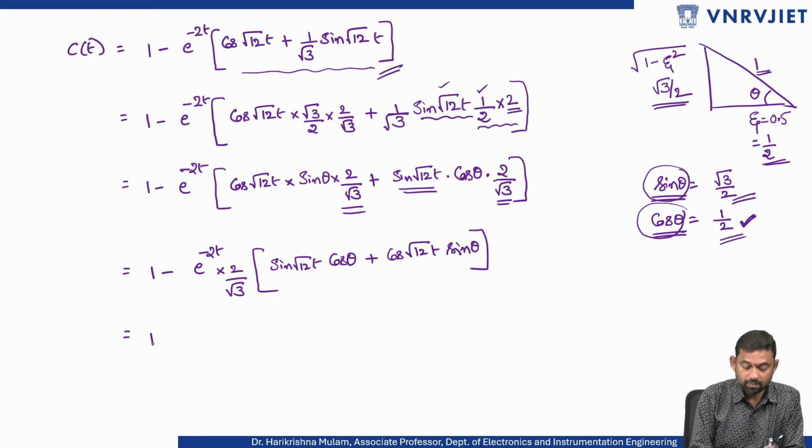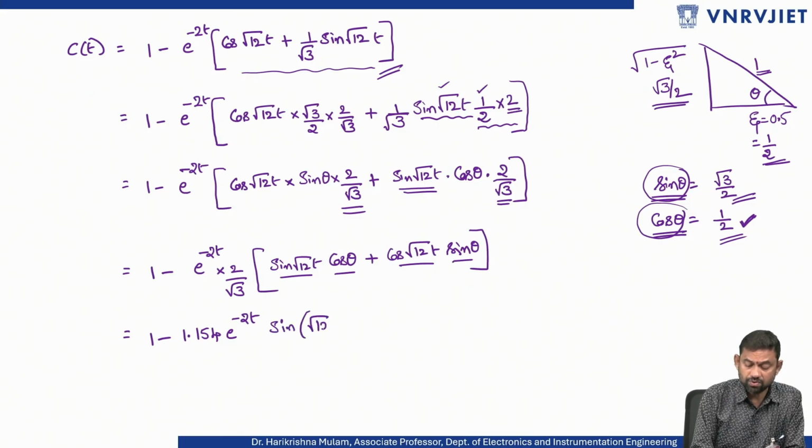That is equal to 1 minus this 2 by root 3, its value comes around 1.154 into e power minus 2t, and this is like sine a cos b plus cos a sine b. Therefore, you can write it as sine of root 12t plus theta.